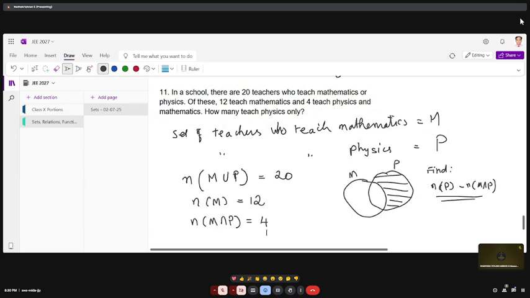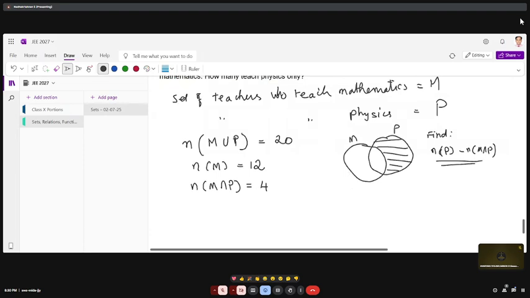Right. Now, write a formula for M union P. So from that, let us see if we can get this. What is the formula for M union P? N of M plus N of P minus N of M intersection P. Very good.